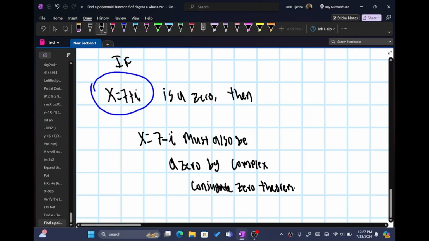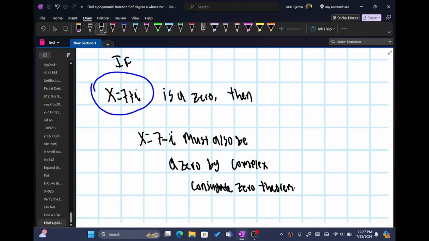I know this is a lot of wording, guys. Basically, you just have to switch the middle sign and take the conjugate.